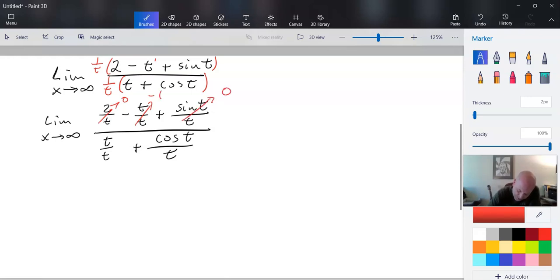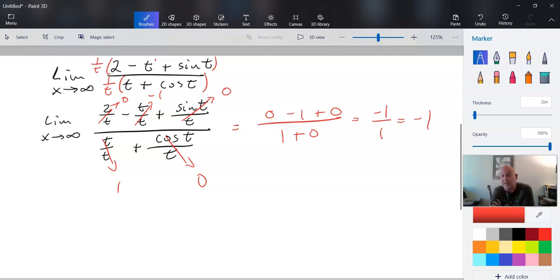That goes to 0, that goes to positive 1, and that goes to 0, right? So basically what we end up with if we write all that stuff down is 0 minus 1 plus 0 over 1 plus 0, which ends up being negative 1 over 1, which is negative 1, right? So we have a limit here at negative 1.